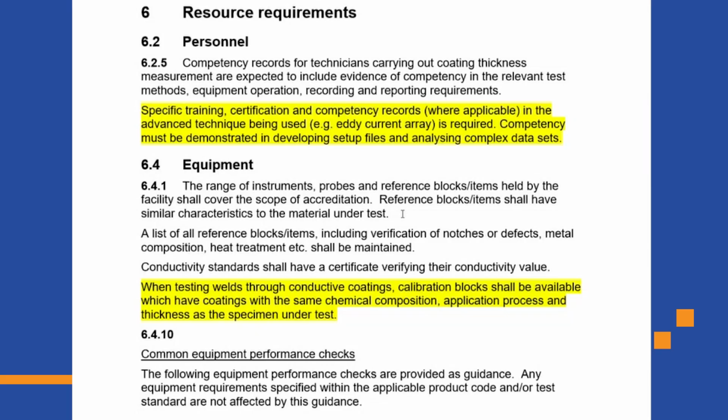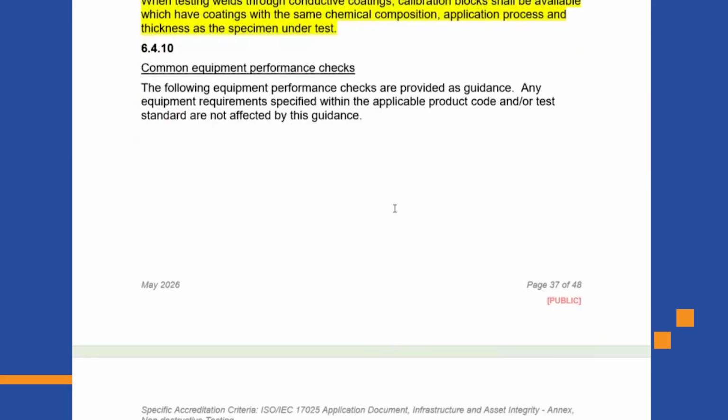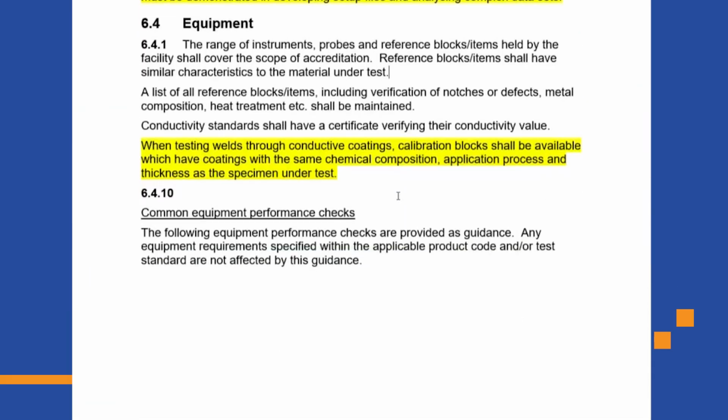So when testing welds through conductive coatings, the calibration block must have a coating of the same chemical composition, applied in the same process and at the same thickness as the specimen under test. This is the addition for equipment.